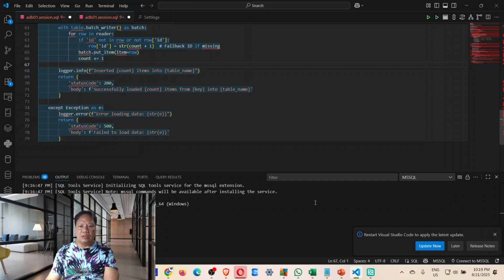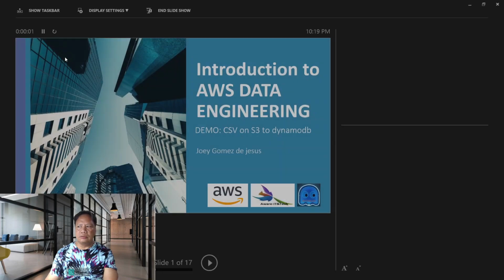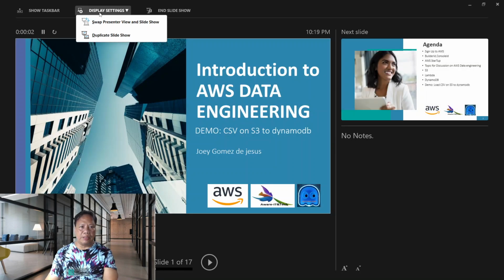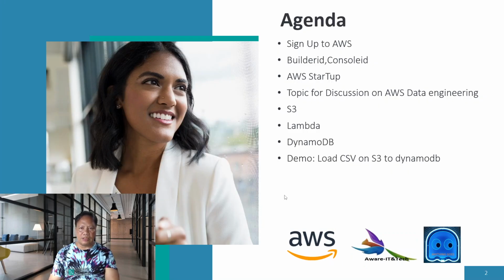So just to recap, we talked about signing on to AWS. We talked about the builder ID and console ID. Those are independent of each other, so don't get confused if you're asked to create two accounts.